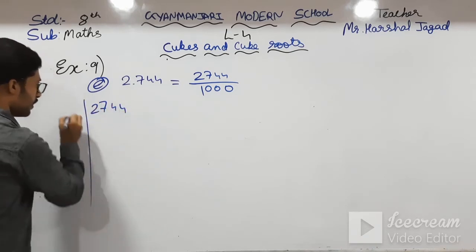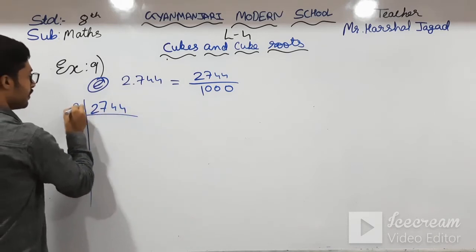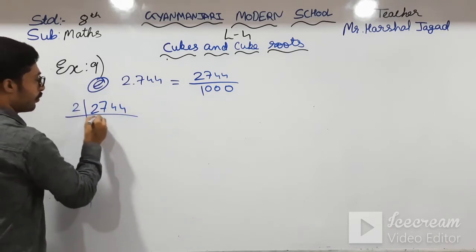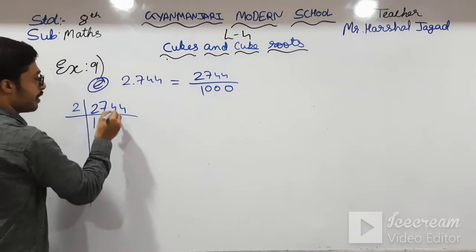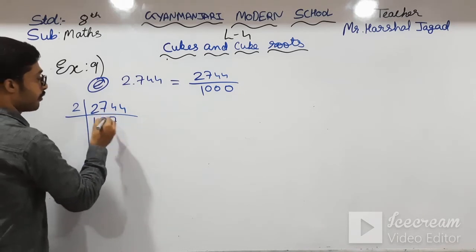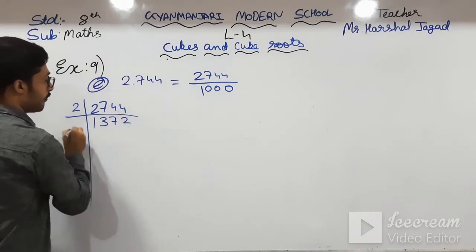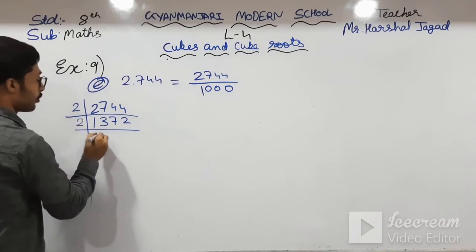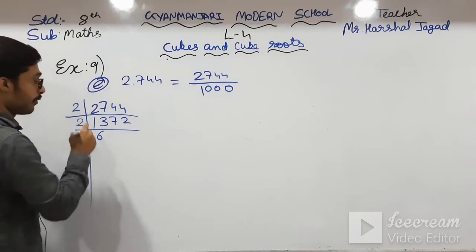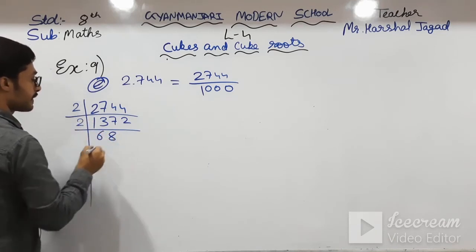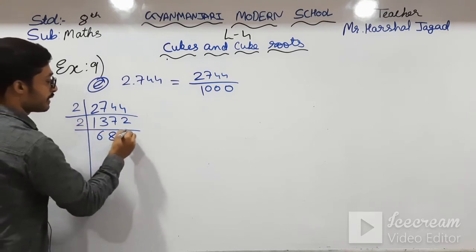of 2744. So the factors: 2 1s are 2, 2 3s are 6, 1 remaining, 2 7s are 14, 2 2s are 4. Again with 2, 2 6s are 12. 1 remaining, 2 8s are 16. 2 6s are 12.